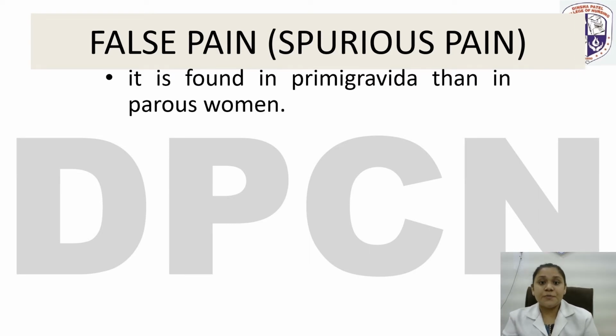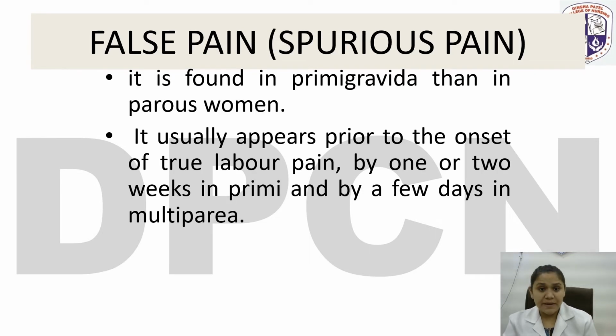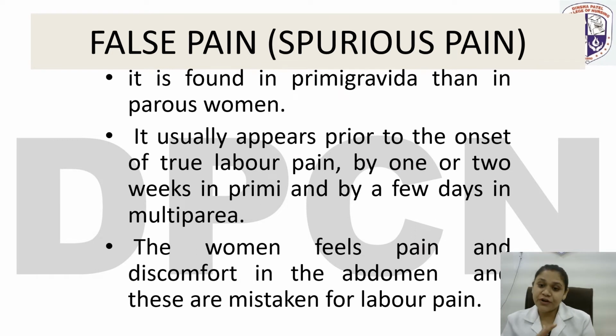Another thing is spurious pain, we can say false pain. How may it be different from true labor pain, right? It is found more in a primigravida than in a multiparous woman. It usually appears prior to the onset of true labor pain, right? We can find the false pain 1 or 2 weeks before true labor pain in a primigravida, or a few days before in multipara mothers.